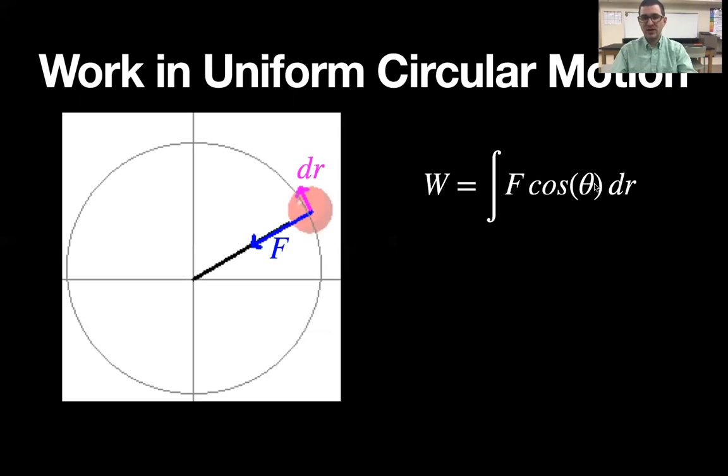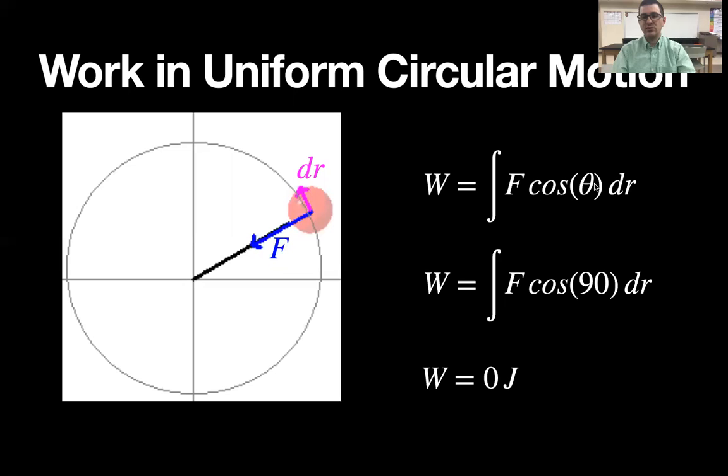Well, remember the force is towards the center of the circle and the direction of the displacement at any instant is perpendicular to the circle. So the angle between them is going to be 90 degrees. So the force times cosine of 90 degrees, if we integrate that through the distance that it's traveling, is going to be 0 joules. So that makes sense because it matches our formula and it matches the conservation of energy principle.